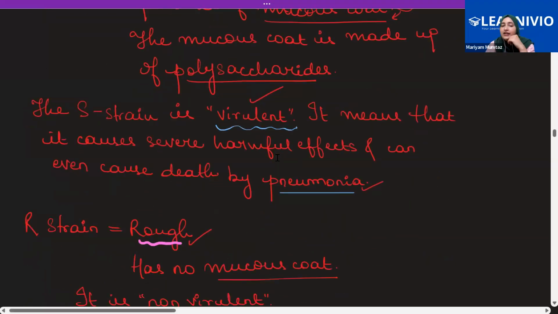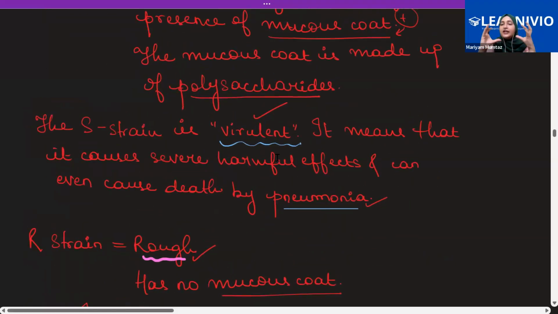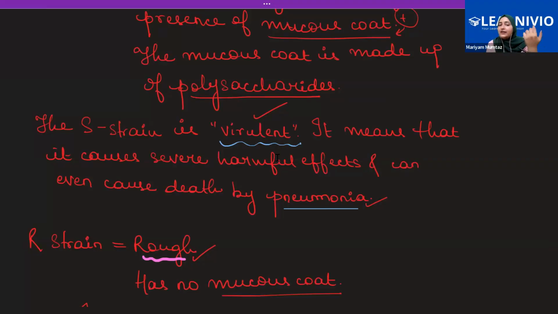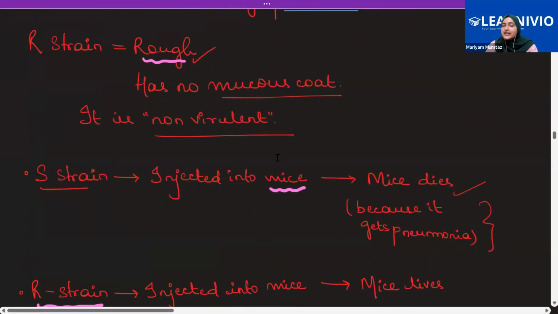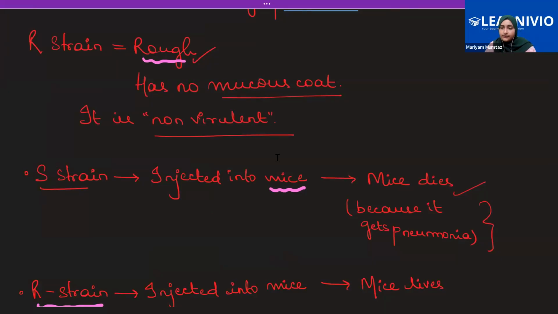What is the meaning of virulent? Virulent means the organism will cause disease, that is pneumonia, and it will make the host die. So all the S strain members were virulent. Whereas the R strain was rough, has no mucus coating, and is non-virulent. Non-virulent means it will not cause any disease.